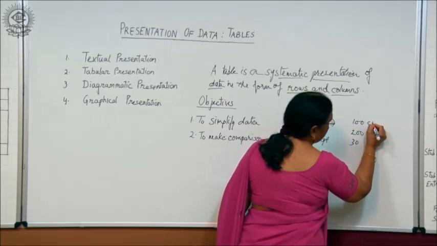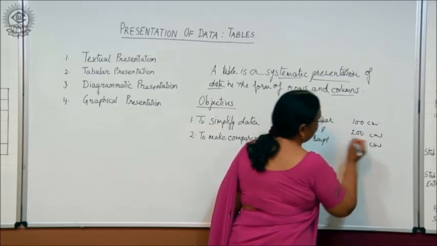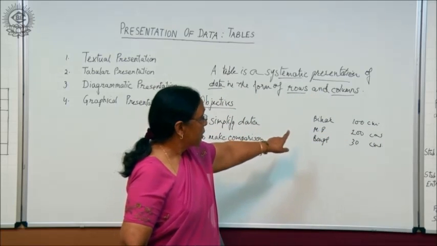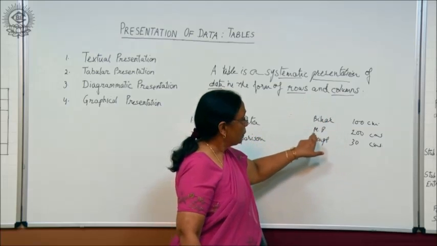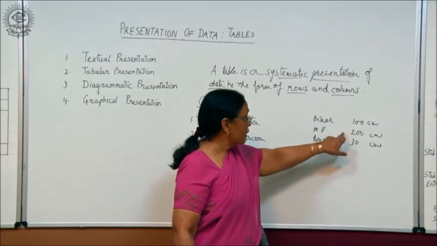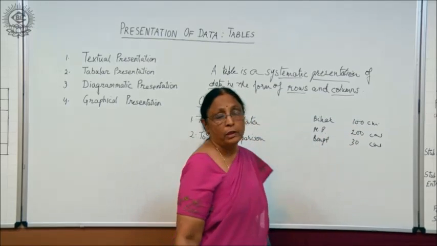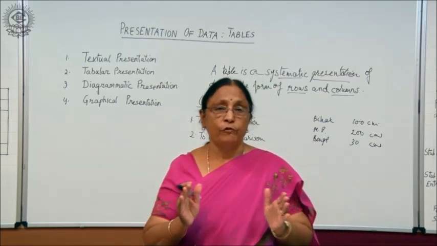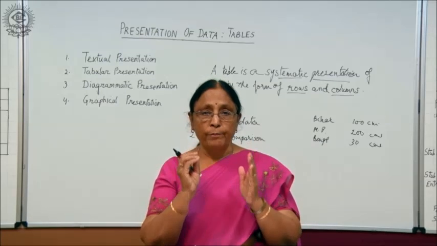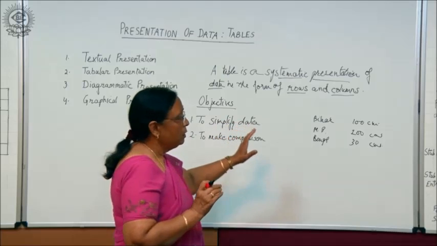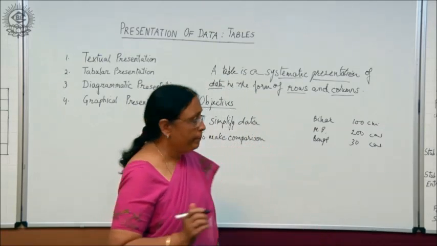Now this is 30 centimeters in a particular year. Now this gives you at a glance the comparison that out of these three, which one has got more rainfall. The maximum is in MP, second is Bihar, and third is Bengal. So this way comparison can be made of any classification of data. It makes it easy for you to compare, just looking at the table. So this way it helps in comparison.